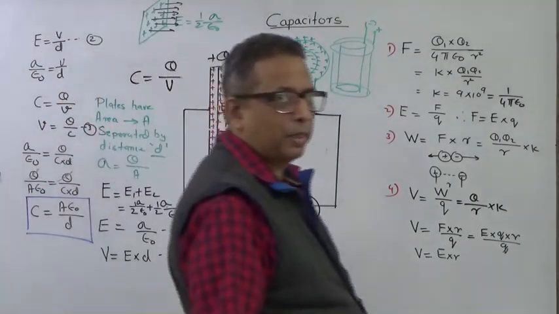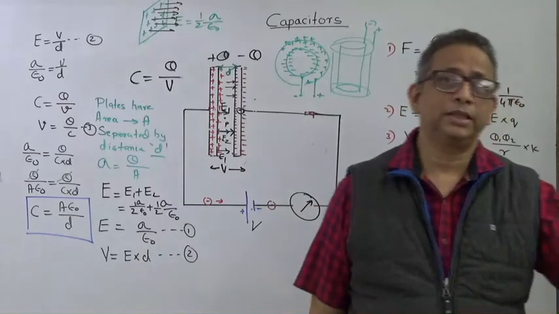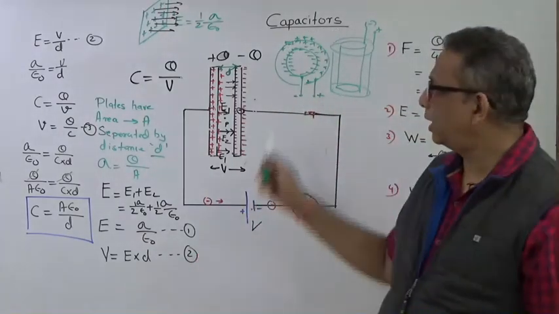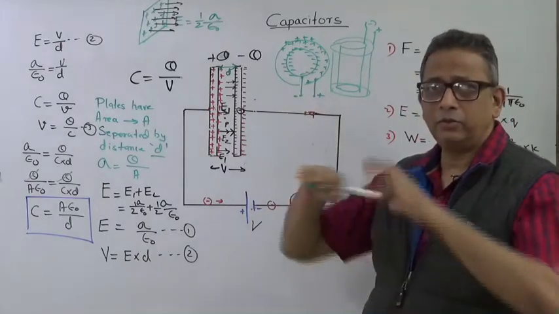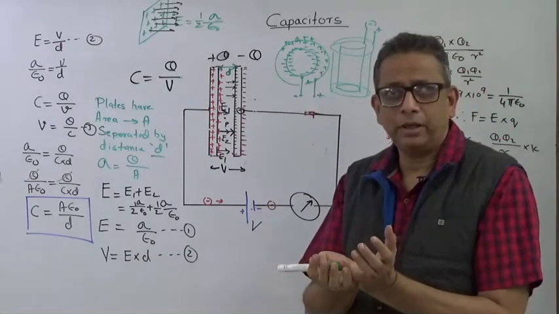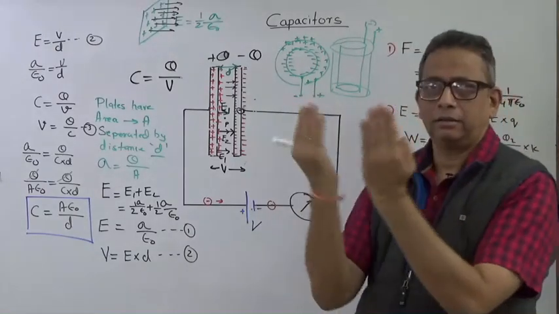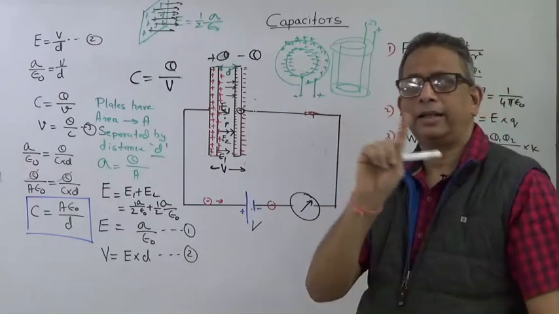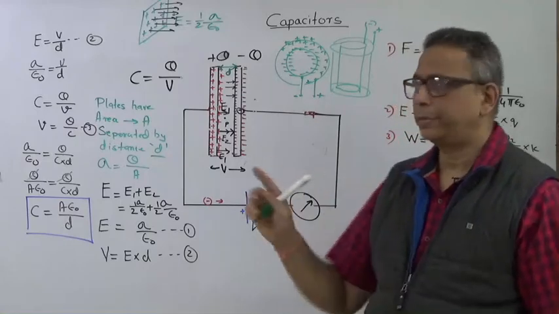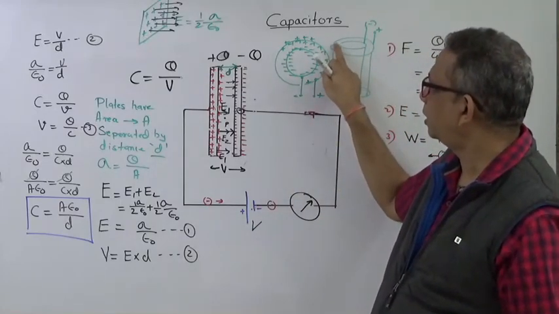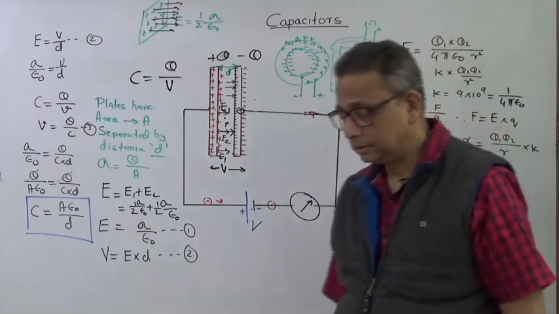In the first session I showed only one whole sphere as a capacitor. Now this is called a spherical capacitor, where there is one thin shell of a sphere and inside there is one more thin shell, and here there is a cylindrical shape, and inside there is another cylindrical shape. They are separated by equal distance. That is more important in all these capacitors, right?